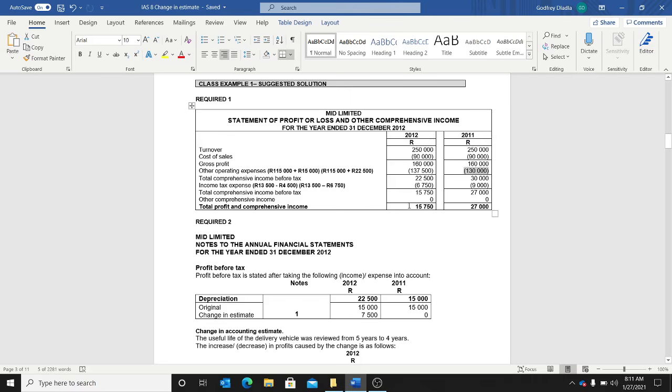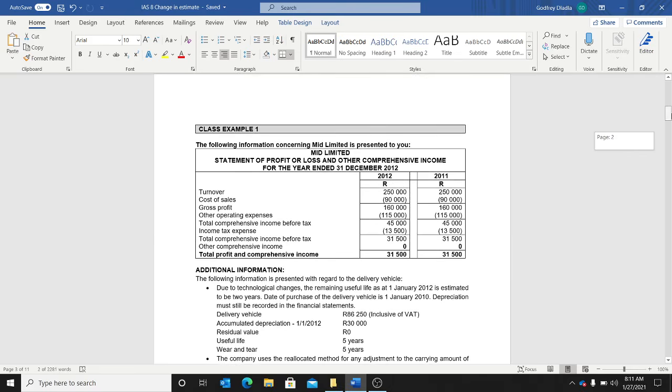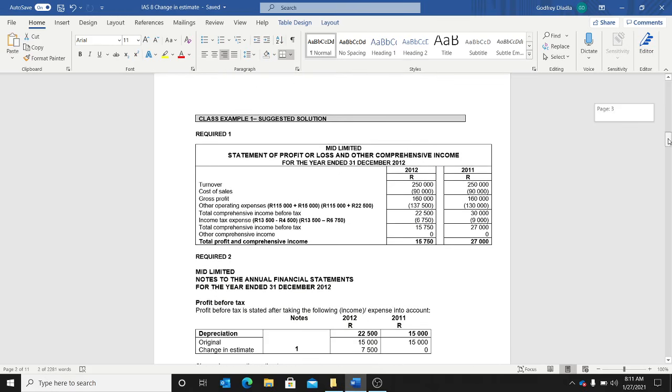We're still in 2011, still using the original depreciation of 15. In 2012, you see 115 in the equation under other operating expenses, this one here, so it must increase by 22.5, which is this one here.